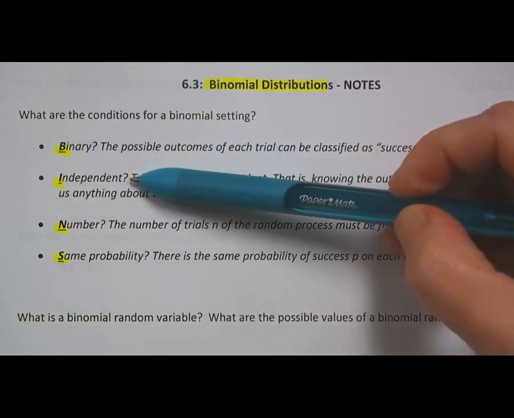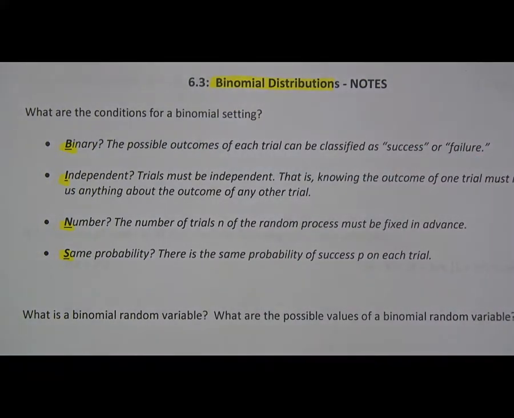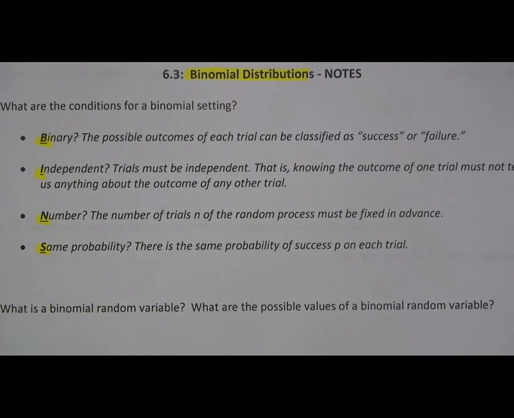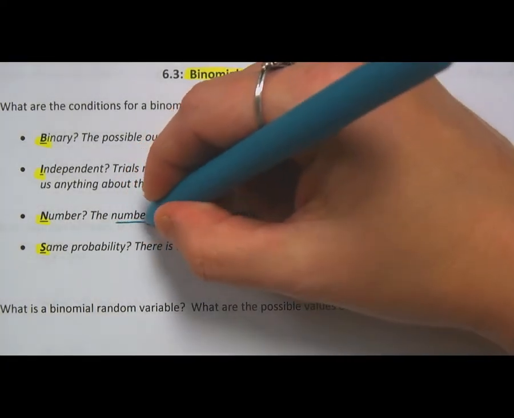I means, are the trials independent from one another? Now, you should know by now that that means the outcome of one event does not affect the next event. If that's true, you can check the I and you can move on. Sometimes it may even tell you explicitly these events are independent, which is nice. N represents the number of trials.